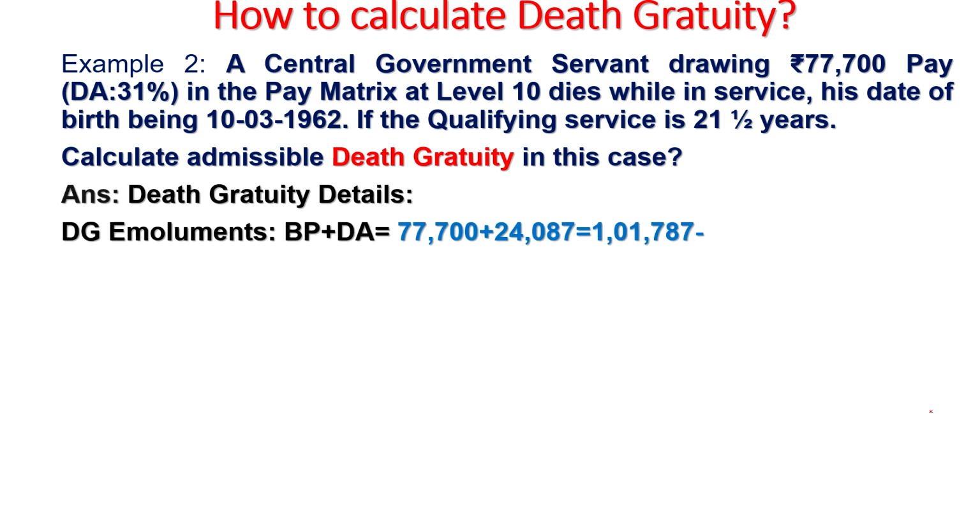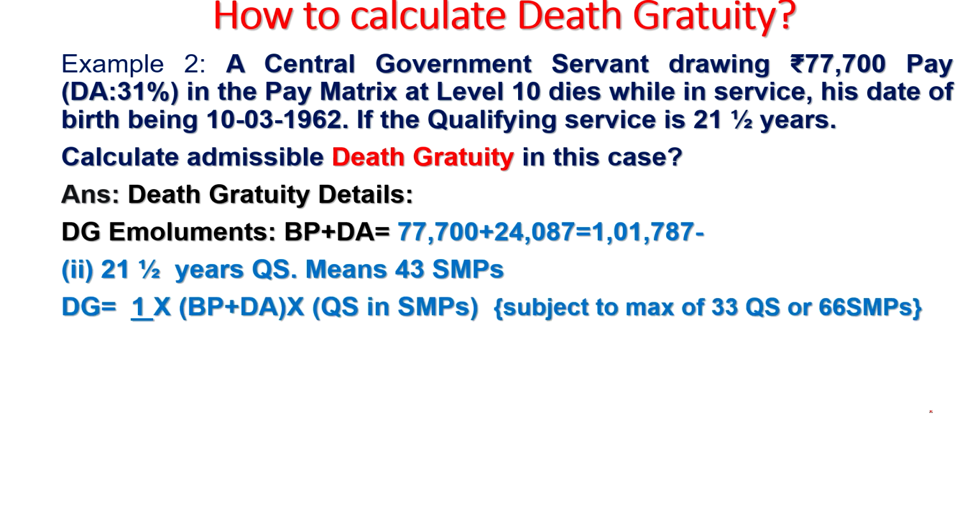The emoluments will be basic pay plus DA, so it comes to 1,01,787 as earlier. 21 and a half years of qualifying service means 21 into 2 is 42, and a half year is there, so 43 SMPs, 6 monthly periods.